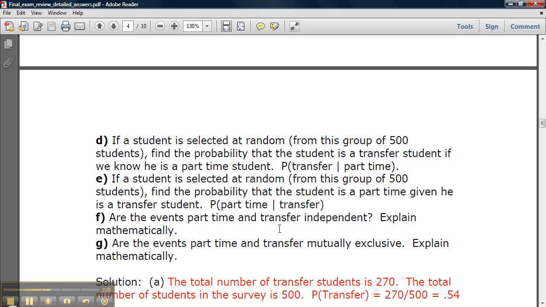And we also have to do the other side. We have to look at the probability that it's transfer student. Is that equal to the probability that it's transfer student given part-time? And if they're equal, then you say they're independent. If they're not equal, you say they're dependent.